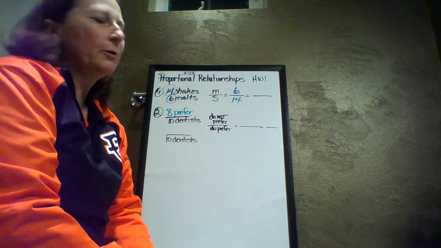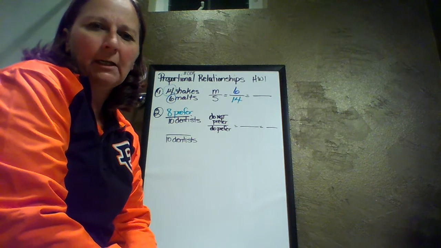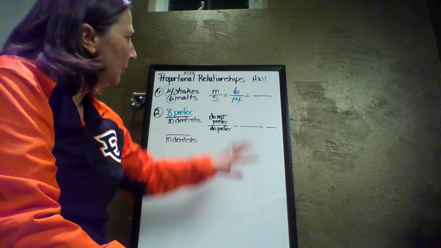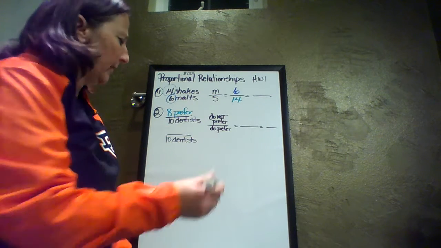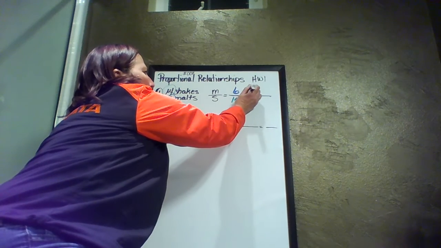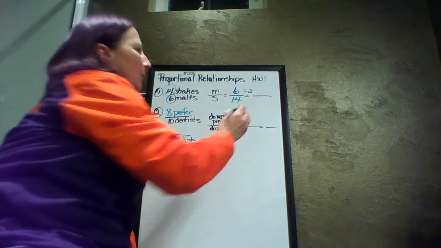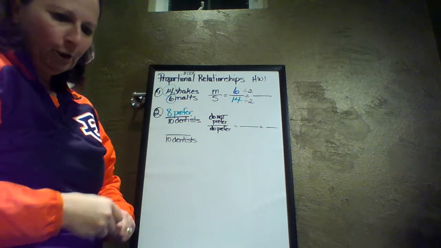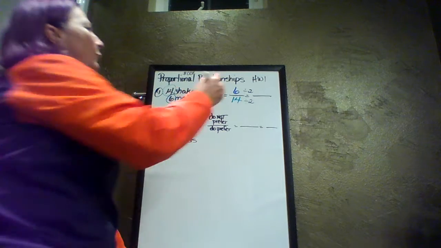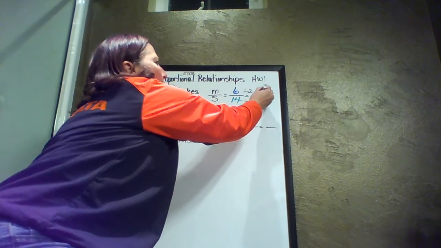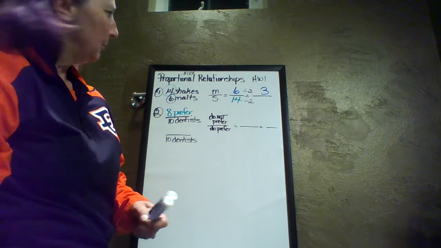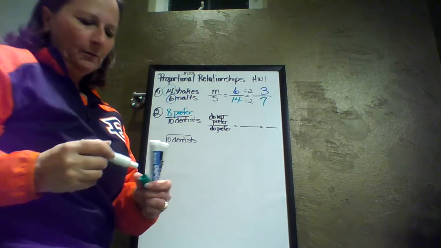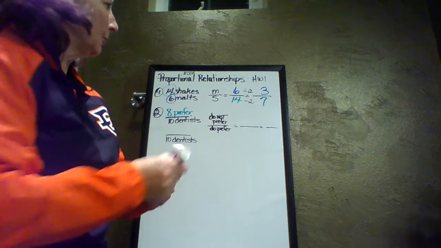So in this particular case, both 6 and 14 are even numbers. So we know that we can divide both of them by 2. If I divide 6 by 2 and I divide 14 by 2, then what I am left with is 3 to 7. Okay, this would be my answer.